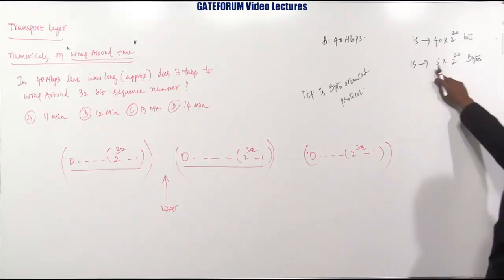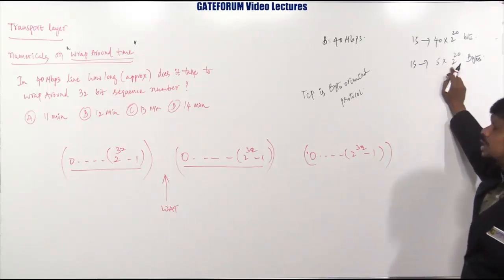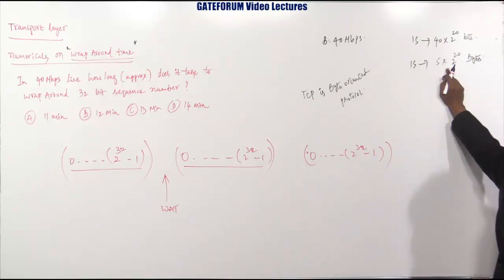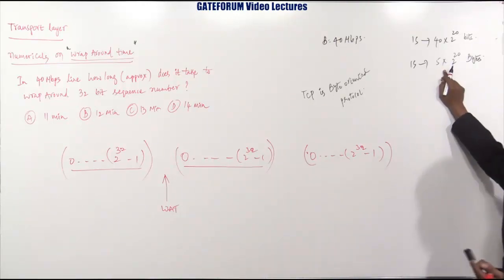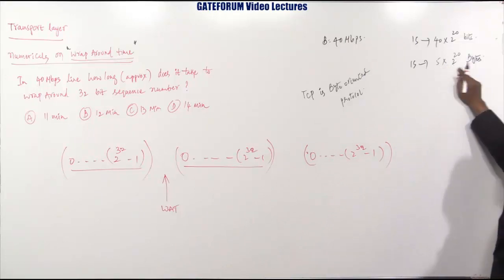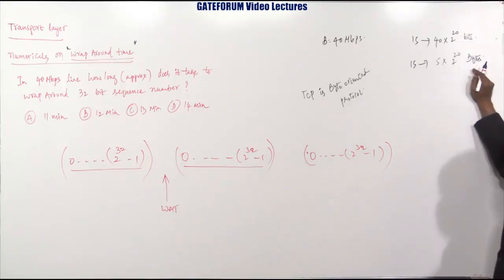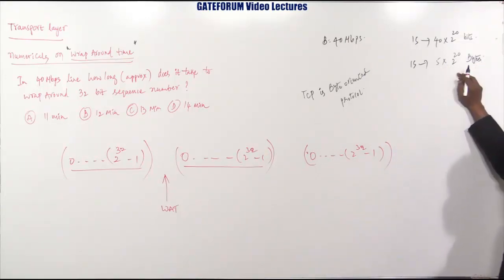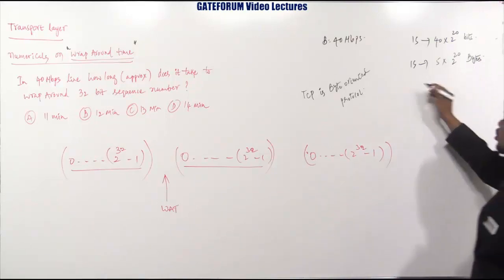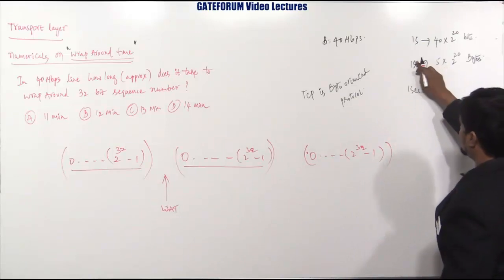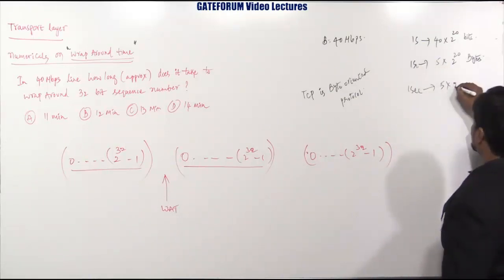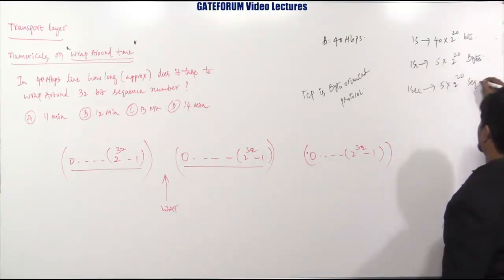So if I have 5 into 2 power 20 bytes, then how many sequence numbers are available to me? Since you allocate one sequence number for 1 byte, I have 5 into 2 power 20 sequence numbers. So within 1 second we are able to generate 5 into 2 power 20 sequence numbers.